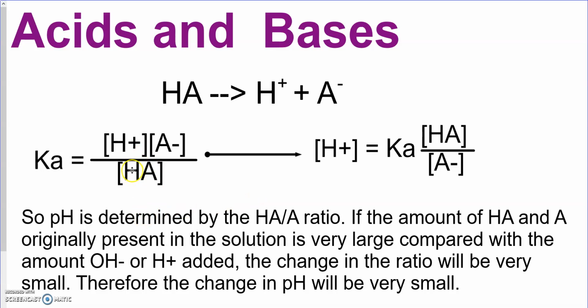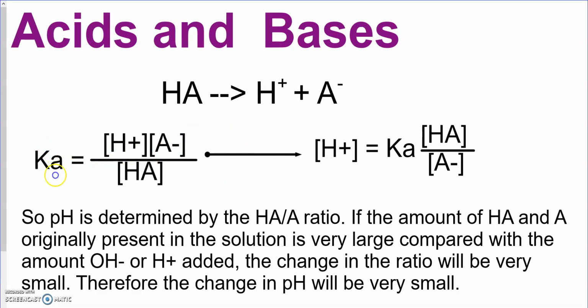And essentially what we're going to do is rearrange this equation. Actually, what I'm going to do is bring my A minus and HA over by multiplying by the reciprocal. So I'm going to take the concentration of HA over the concentration of A minus and put it on the other side of the equation with my Ka value.